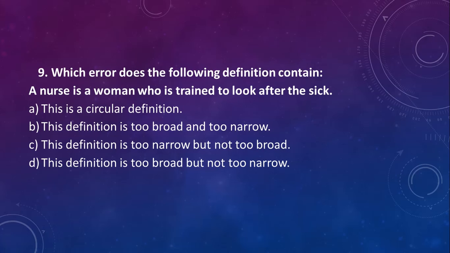I was given a better answer from over here. There are other people who are trained to look after the sick. Doctors, for example. Doctors are a different category than nurses, so they get included under this definition, but they shouldn't be. Homeopaths also get some kind of training.